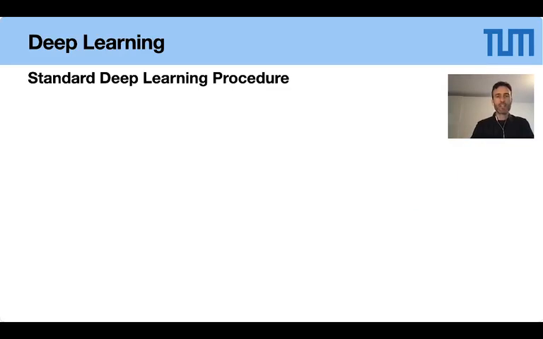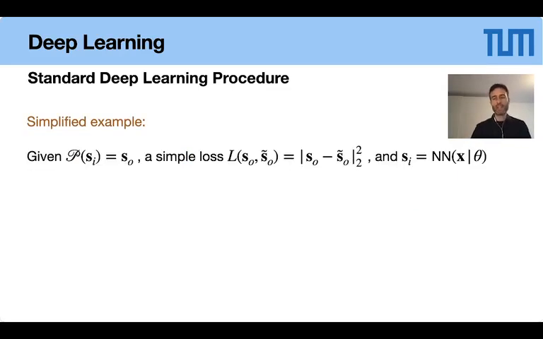So let's look at a simplified example to write that out once. If we have some solver P that takes some state S as input and produces another state S as output.